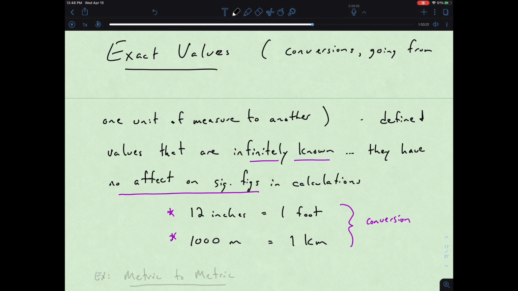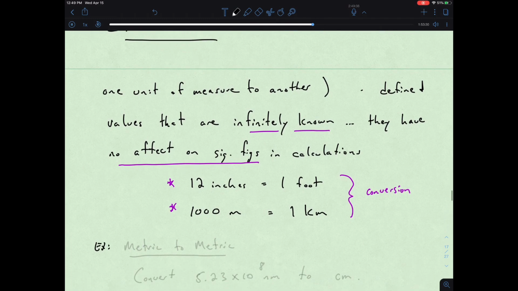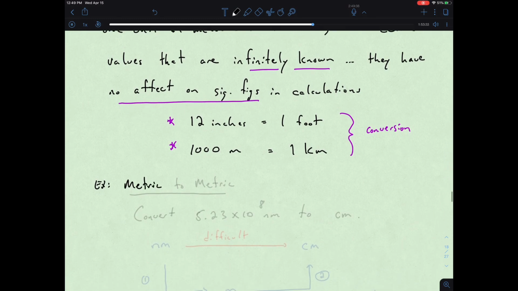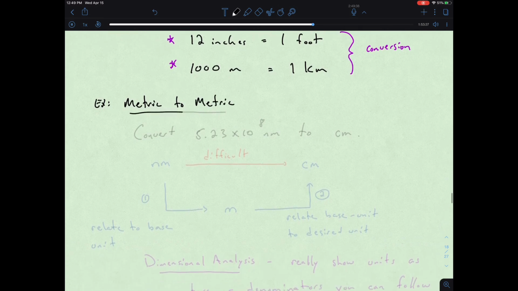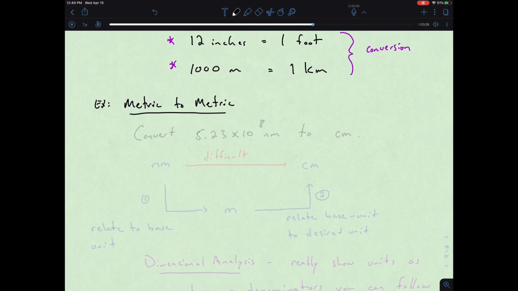So let's look at an example here of metric to metric. And so here we want to convert 5.23 times 10 to the 8th nanometers to centimeters.